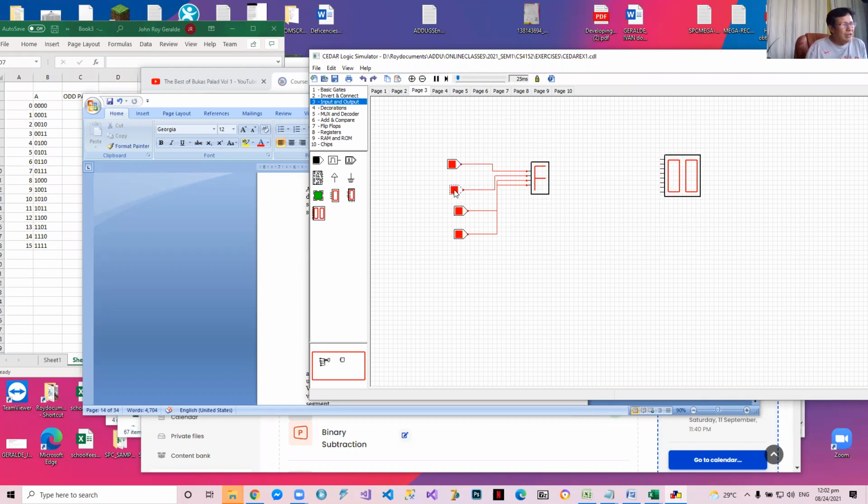Kasi kung 111, hindi na niya kaya. Is that 15? 15 by F. Ang problema kaya sa decimal. F na kasi hindi niya kaya yon, diba? Sa decimal lang siya 6. C. Ibig sabihin, that's 12.